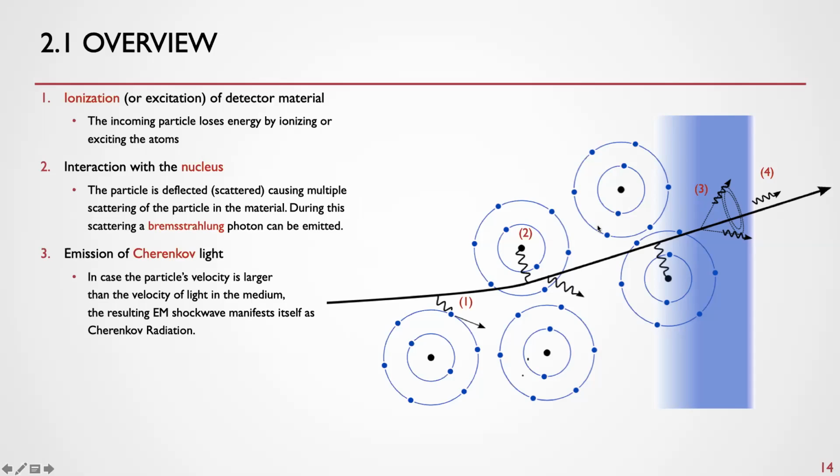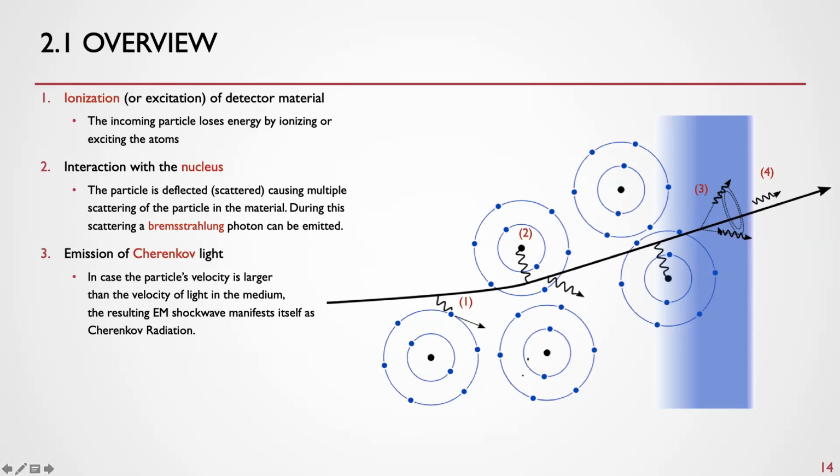Then it may happen that the particle travels through a medium where the speed of light in the medium is lower than the speed of light in a vacuum. So if the particle has a high beta, high velocity, it may actually travel faster than the speed of light in the medium.